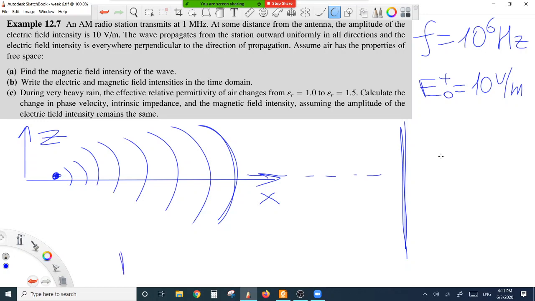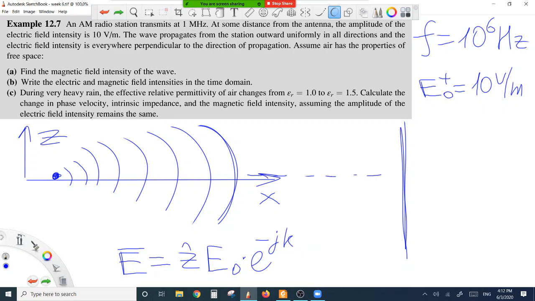Therefore, the electric field intensity we may write as Ez, or not Ez, we may write directly E0 multiplied by e to the power of minus j kx.